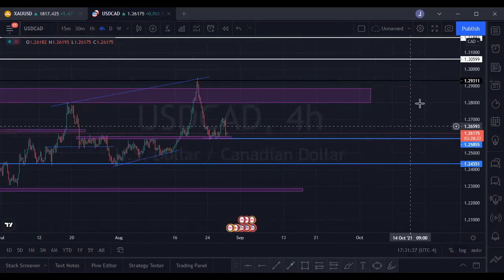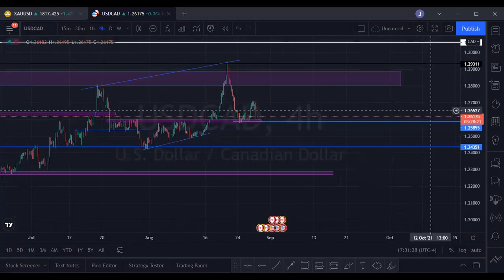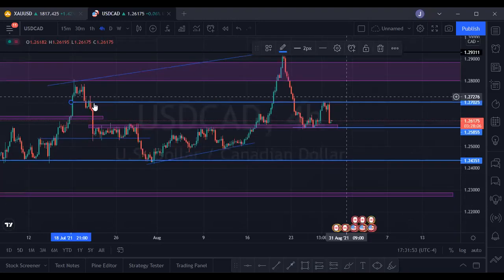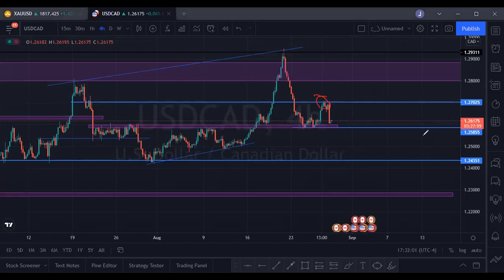On USD CAD, price hits at this point, then reverses. Price hits at that point here, and we want it to reverse down to the downside.